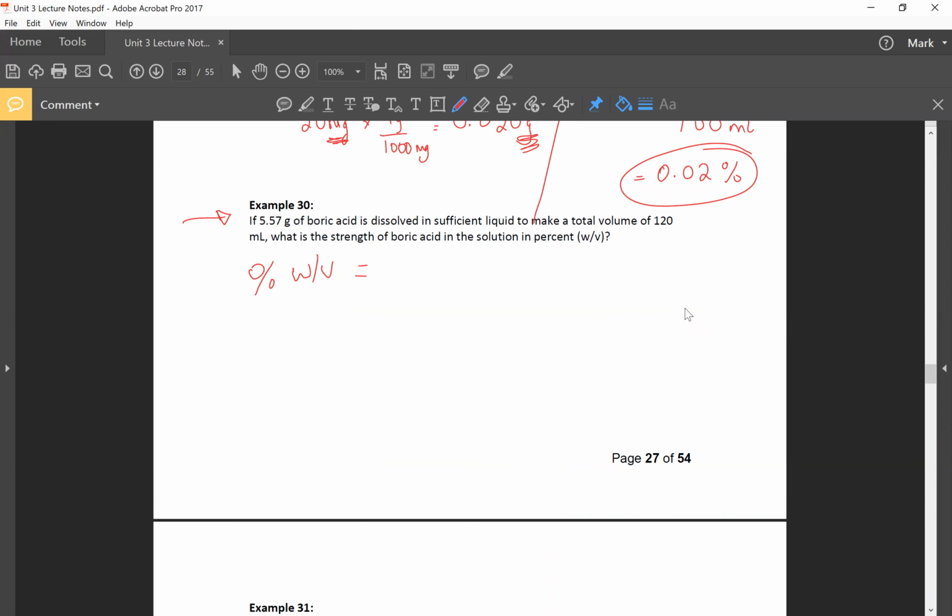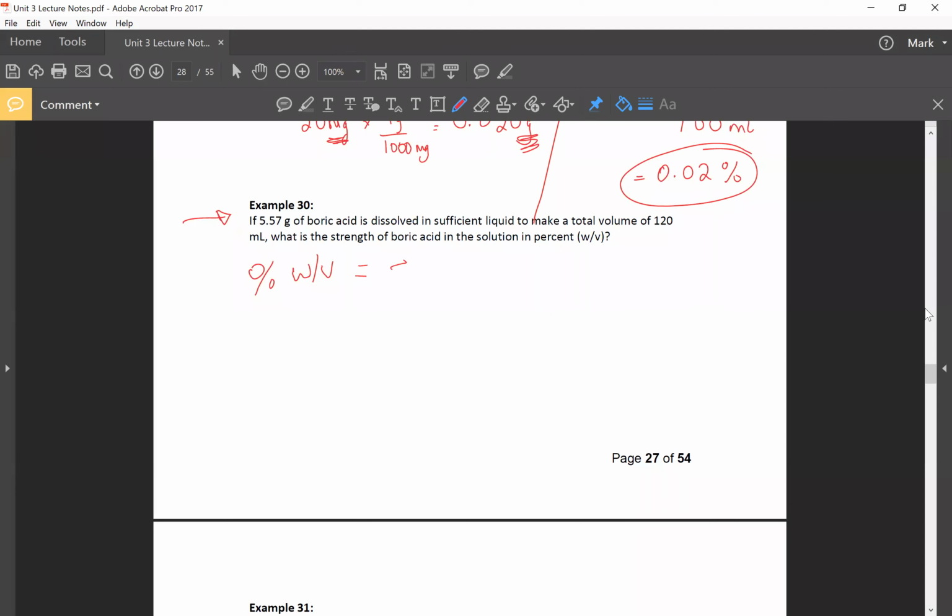And it's really important here that you use grams and milliliters for this type of percent. So if we had liters or kilograms or even pounds or something, we would try to convert it first. Luckily for us, for number 30, it's already done.